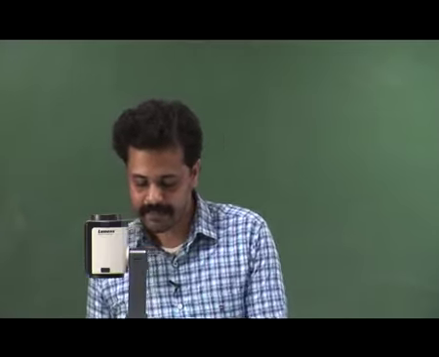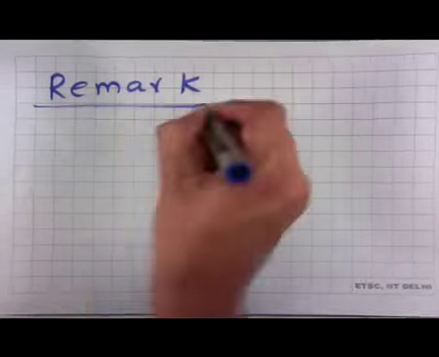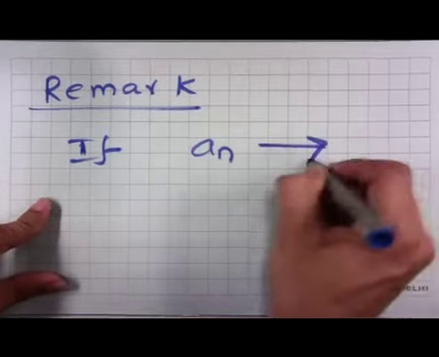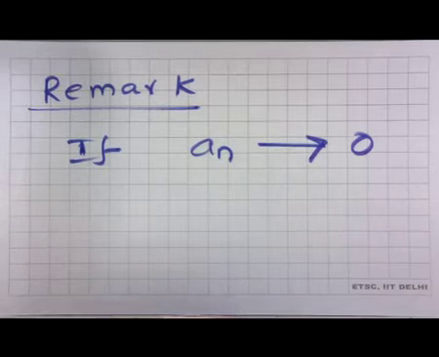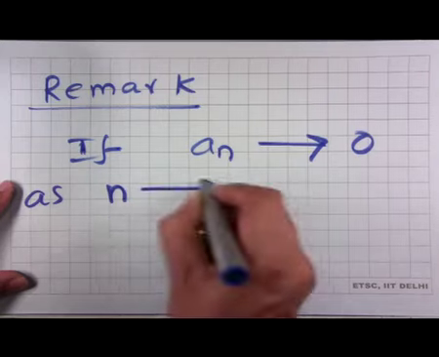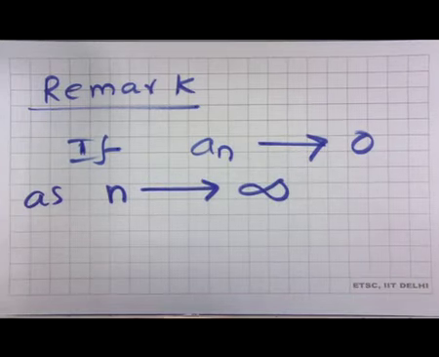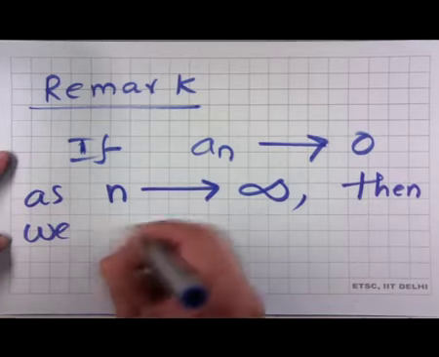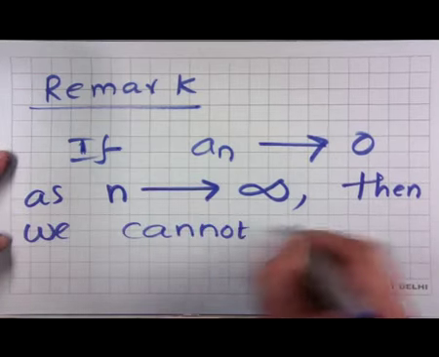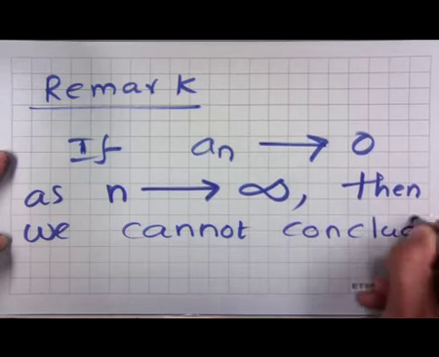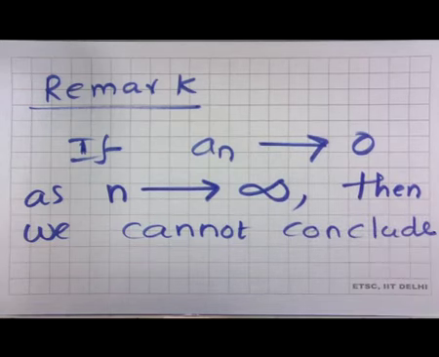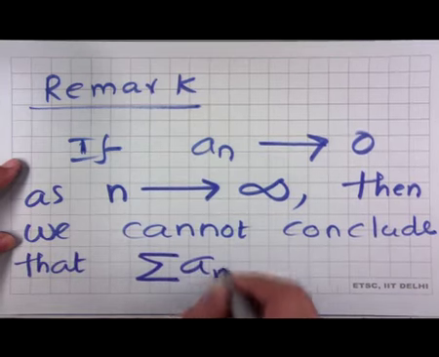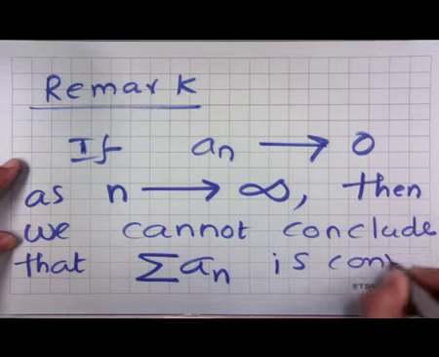Keep in mind that if an becomes close to 0 as n grows arbitrarily large, then we cannot conclude that summation an is convergent.